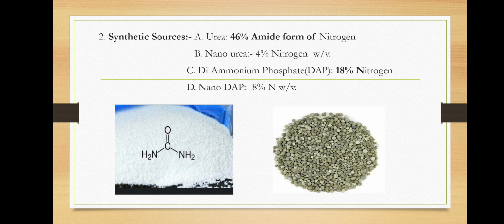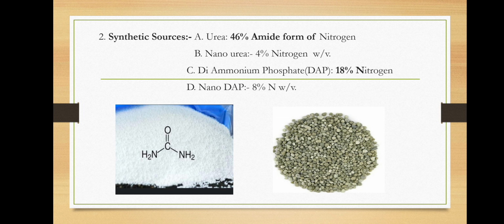The efficiency of urea is only up to 30 to 40%. If you add 100 kg of urea to the soil, the plant will absorb only 30 to 40 kg of it, and the remaining 60 kg of nitrogen through urea undergoes losses.